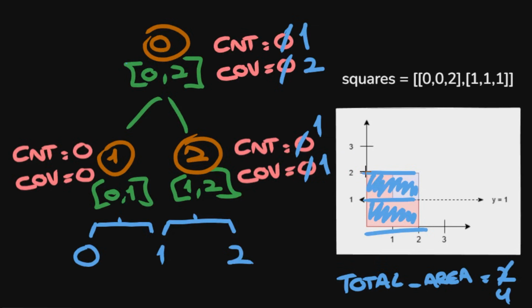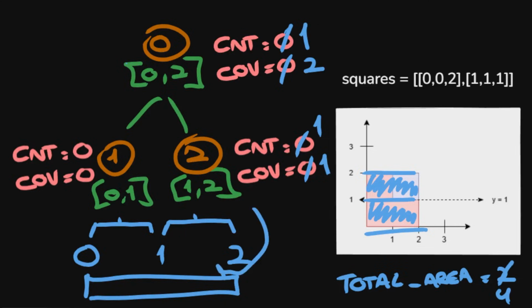So here we need to remove 2 squares, the big one and the small one. Let's start with the big one. We have to remove this square. So we are looking for the largest segment that we can fit into this square. We always start from the root. This goes from 0 to 2, and we can fit this into our square. So now we can remove one square at this point. We subtract 1 from here.